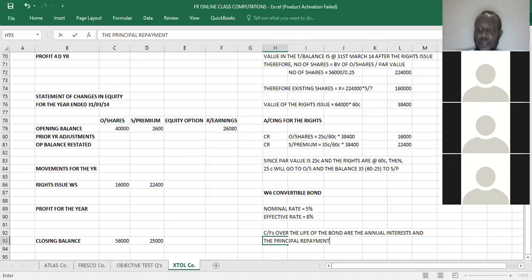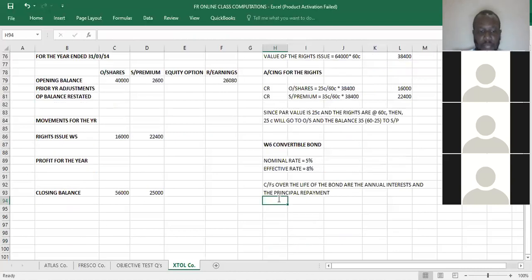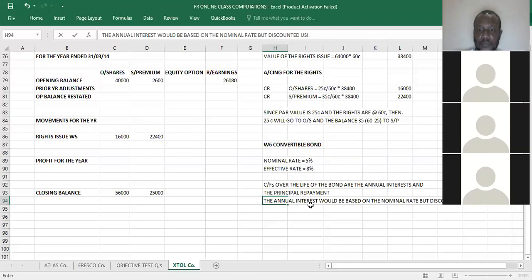Now, the annual interest would be based on the nominal rate but discounted using the effective rate.